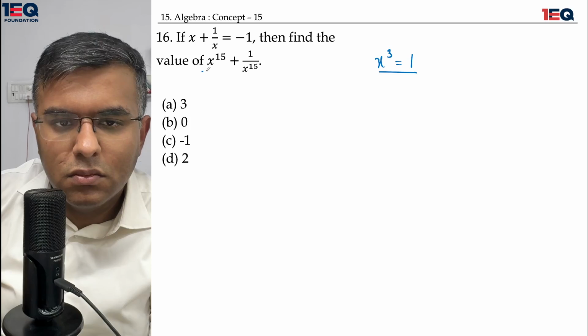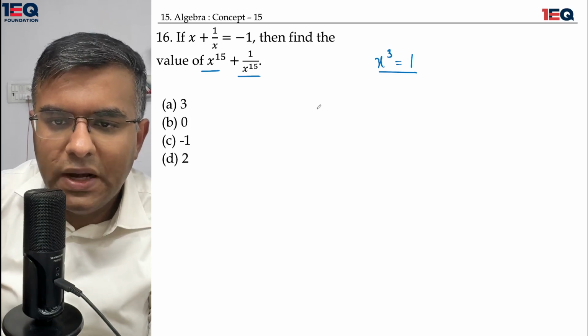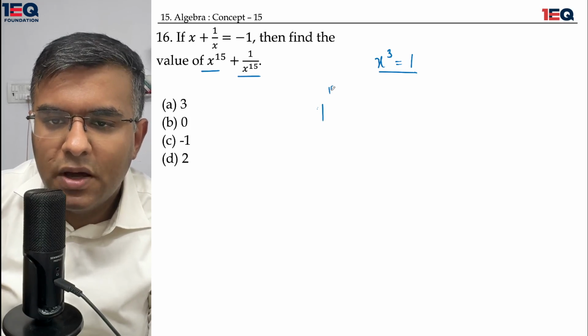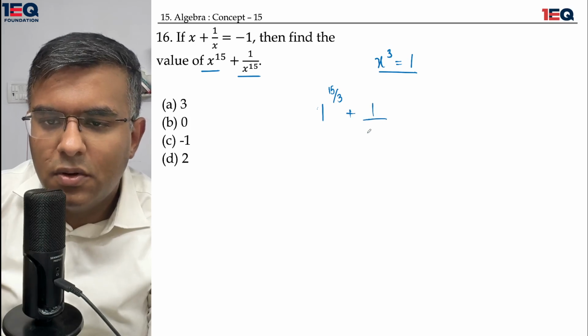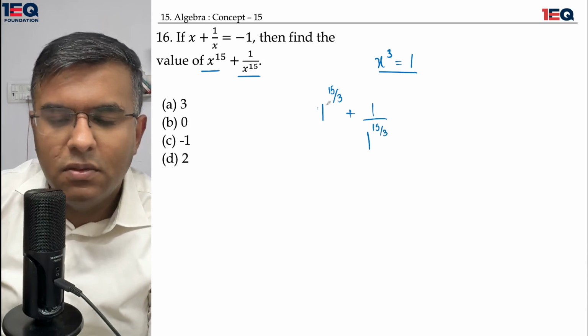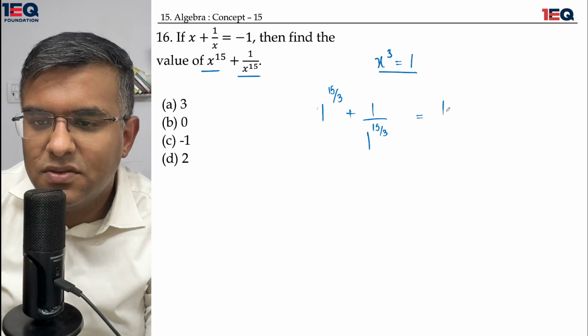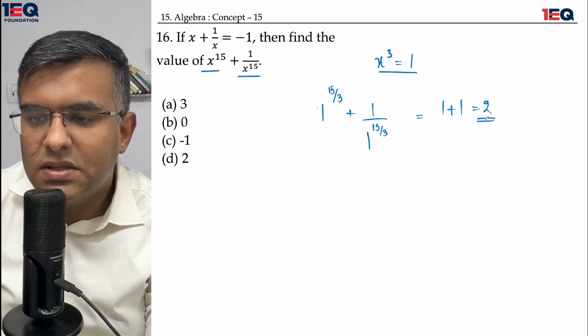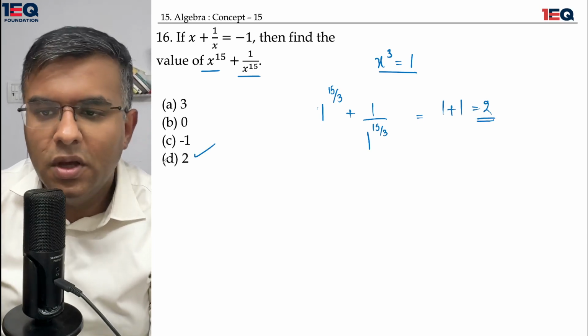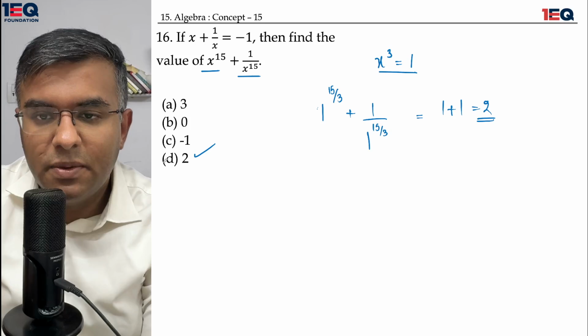So I'll quietly put it down that 1 raised to the power 15 upon 3 plus 1 upon 1 raised to the power 15 upon 3. In any case, the answer is going to come out as 1 plus 1. So my answer is 2. Okay. I hope it was easy for everybody.